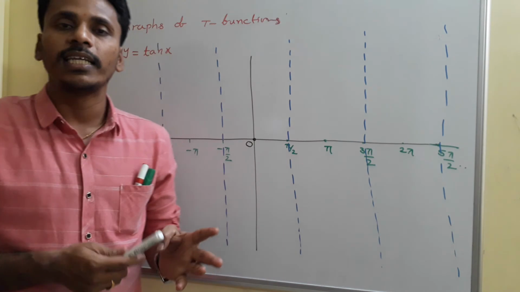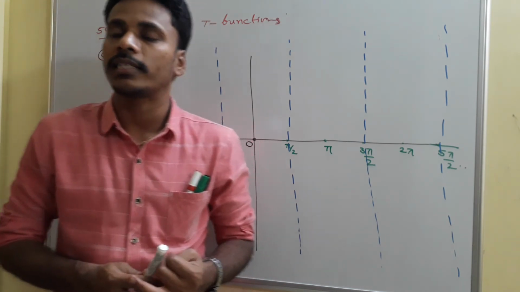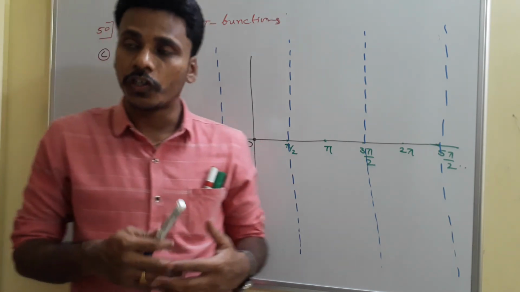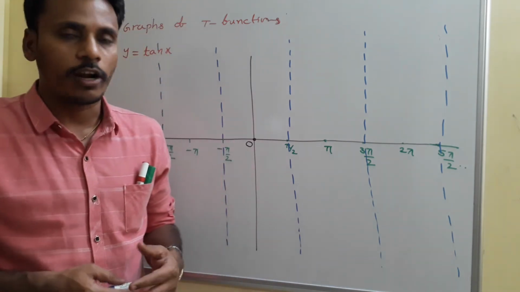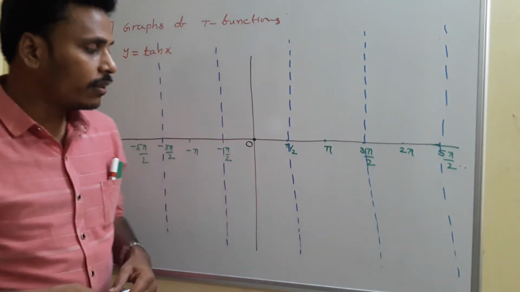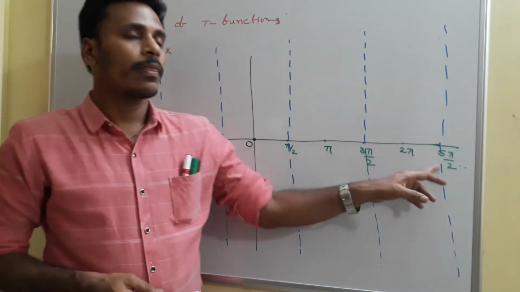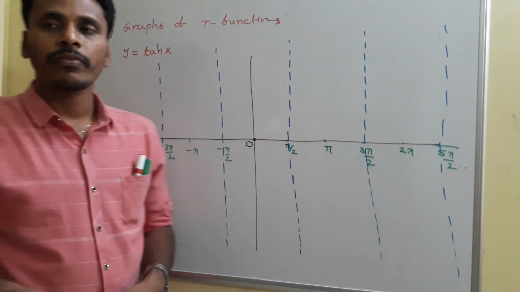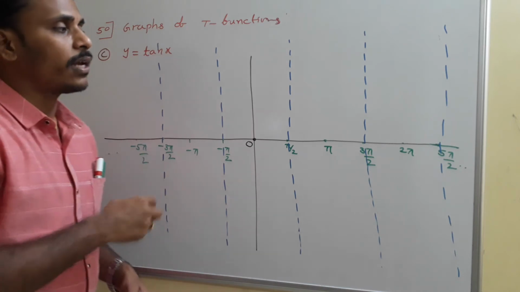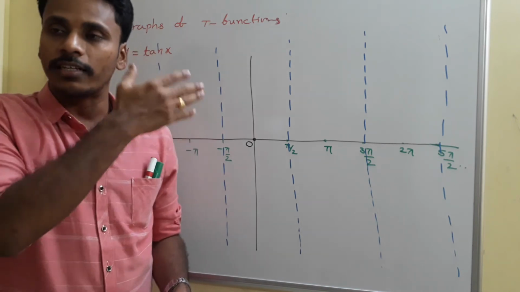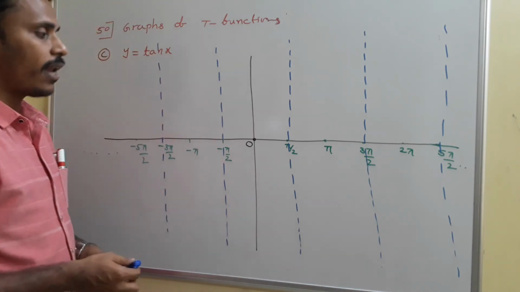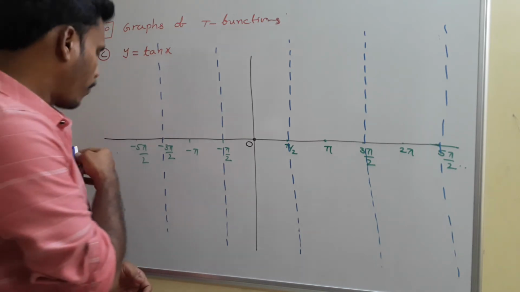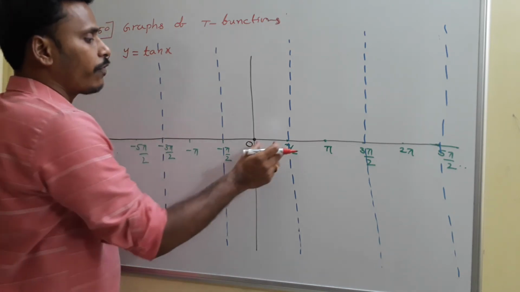Because at 90 degrees, 270 degrees, 450 degrees, and all these angles, the tan function does not exist, it is indeterminate. So at these odd multiples of 90 degrees, the graph won't exist. So you need to leave a space there for the graph. That's why, to leave that space, initially we are drawing certain barriers there, certain imaginary lines.